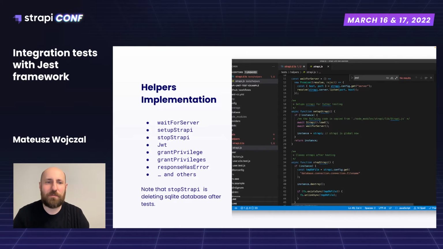Here we see some implementation of those helpers, and basically it's very straightforward in the latest version of Strapi. For instance, setup Strapi just calls Strapi load and waits for the server, which creates a Strapi server listen.